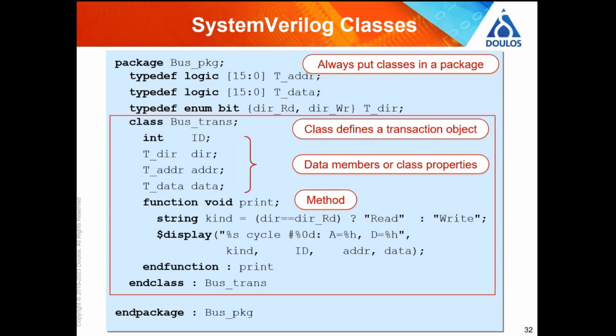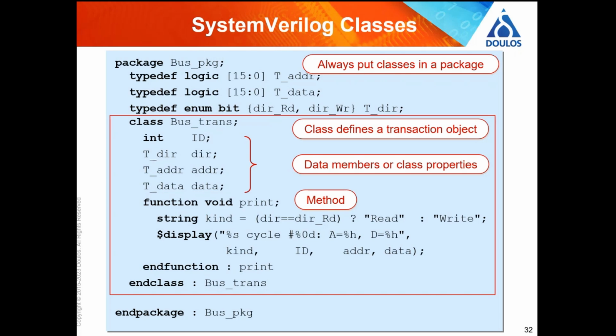Here is some more SystemVerilog. Here we have a class. I can't really teach you object-oriented design in the 10 minutes that I have left. So here is SystemVerilog's interpretation of a class. The key thing here is this particular class is representing a transaction, some kind of bus transaction, as the name suggests.